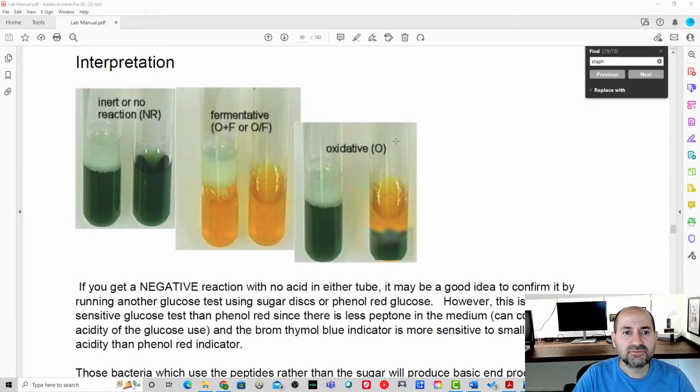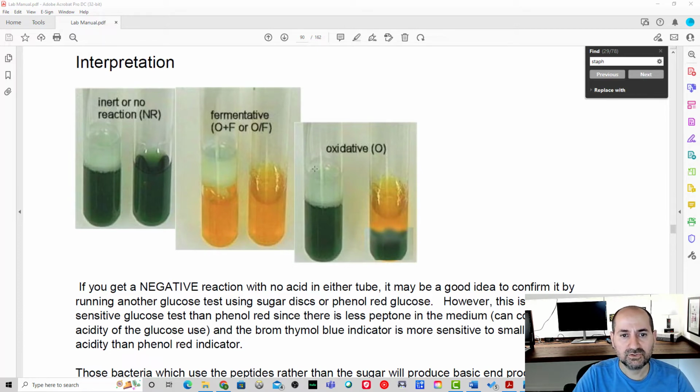Next, for the OF glucose test, we were looking for oxidative or fermentative carbohydrate use. Here, a negative result looks green, and a positive result for sugar use turns yellow. So here you can see yellow for both oxidative and fermentative. And in this example here, it only turned yellow at the top of the oil-free tube, so it's oxidative.